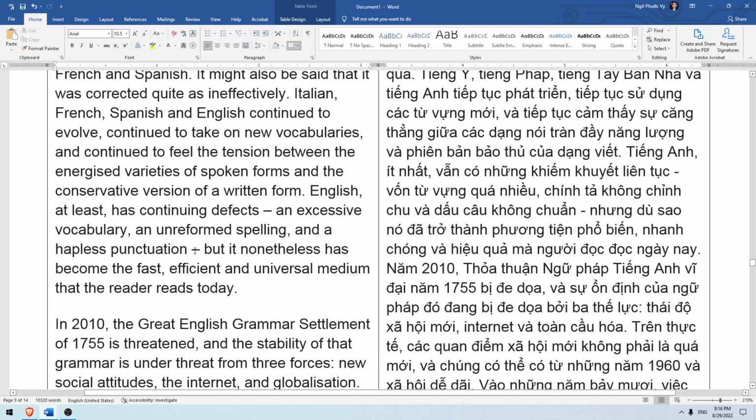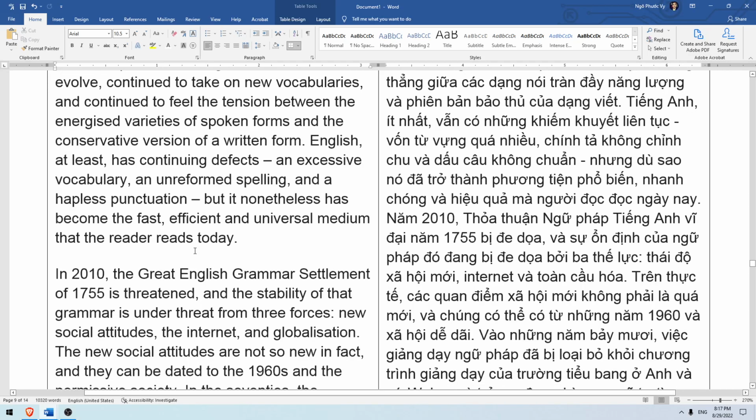Italian, French, Spanish, and English continued to evolve, continued to take on new vocabularies, and continued to feel the tension between the energized varieties of spoken forms and the conservative version of a written form.